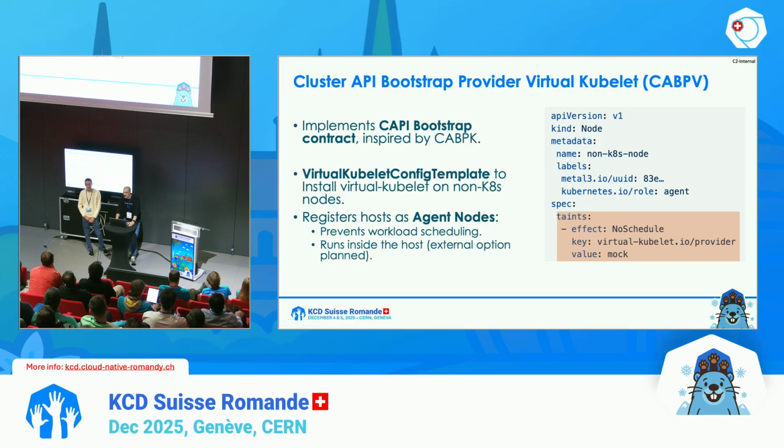This was particularly important because we don't want our Kubernetes users to schedule workloads on our non-Kubernetes nodes, because this would break the level of isolation that we want between our partitions, and we could create contention between workloads running on different clusters. Something that we do, for instance, is taint the node, and by design, even if workloads are forced to be scheduled, we don't run them on the node.